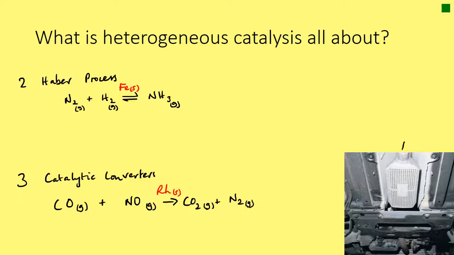This is the exhaust pipe here, and at the start of the exhaust pipe is this unit here, which is the catalytic converter. And you can see even from the outside it's made into a lattice shape, like a honeycomb sort of shape. And what that does is it provides a high surface area.